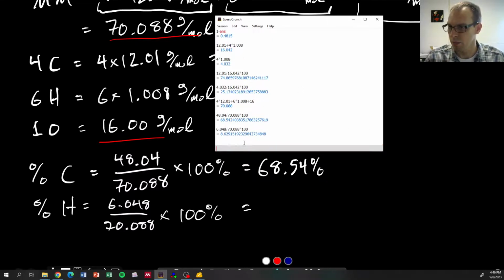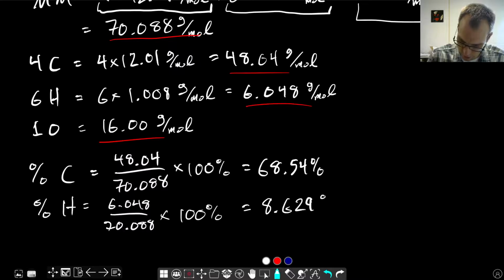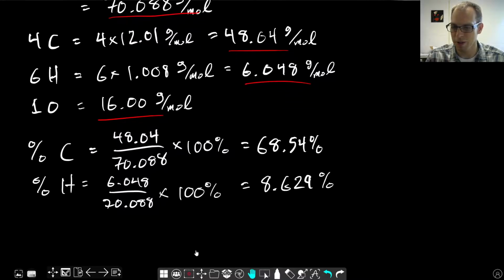So we get a pretty small fraction, only 8.629%. So carbon and oxygen just weigh a lot more than hydrogen, so they take up a lot more of the percent of the mass.